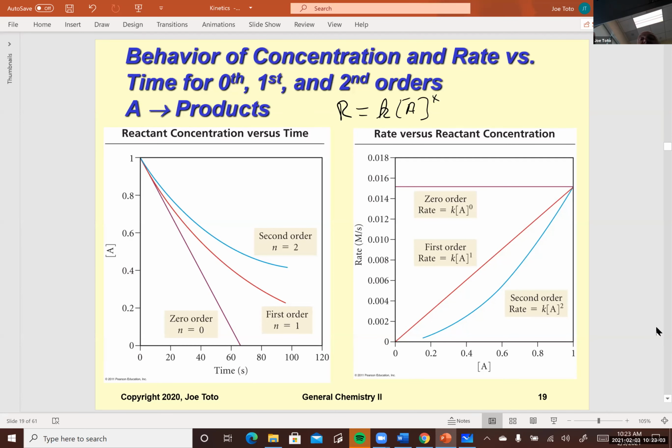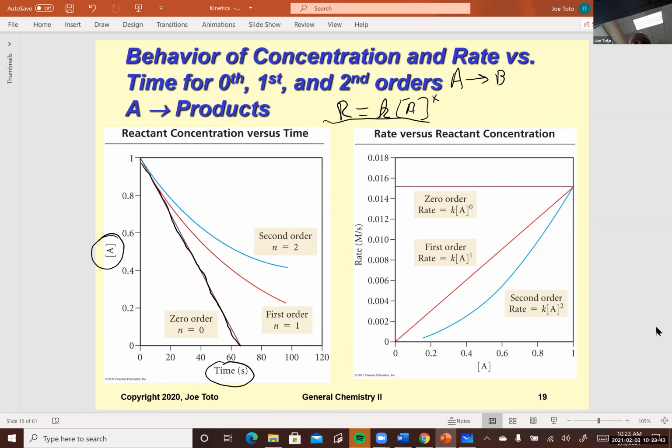If it's just a unimolecular reaction, let's say A going to B, we'll just make it really simple, then the form of the rate law is right here. And if that power dependency turns out to be 0, which means it doesn't have any effect, then it shows you how the concentration of A is going to change in time. It looks like this line right here with a constant, downward slope.